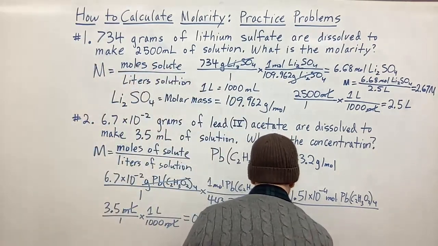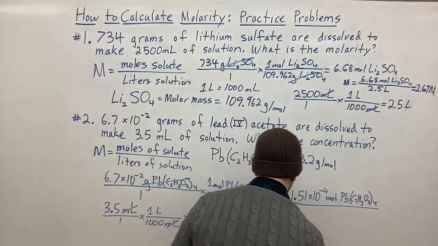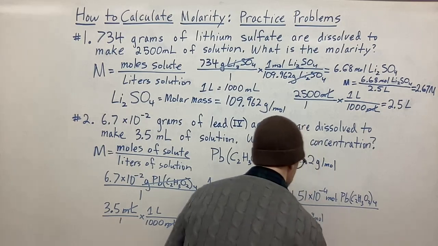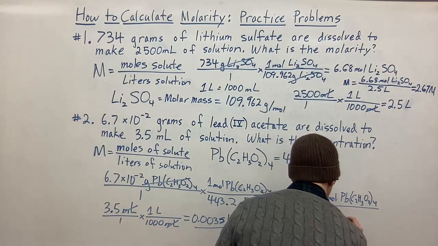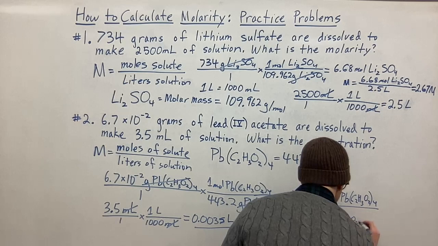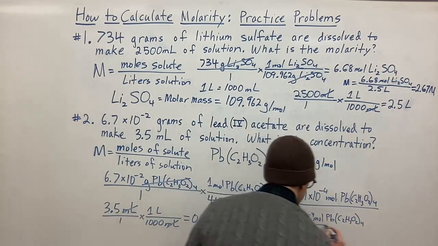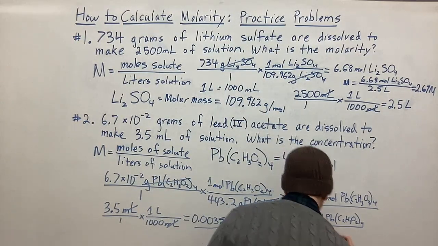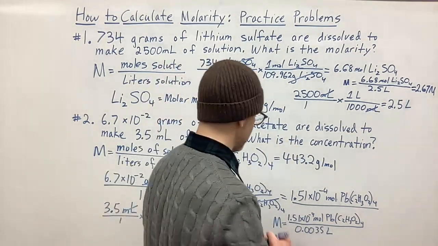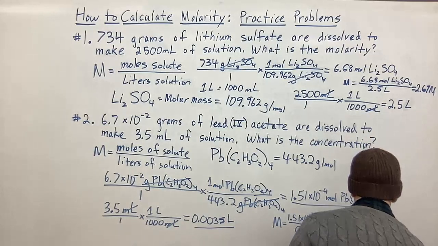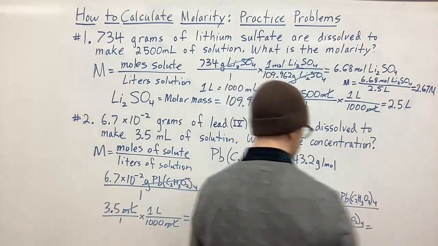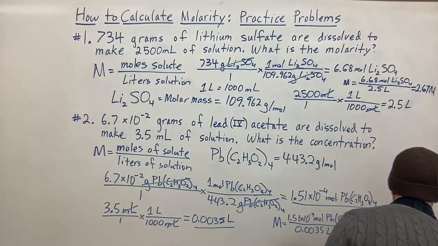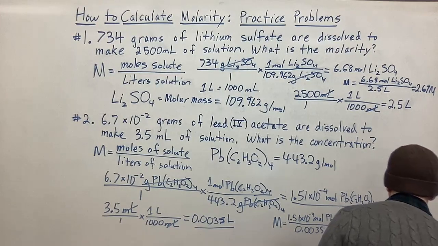So molarity is going to be equal to the moles, 1.51 times 10 to the -4 moles of Pb(C2H3O2)4, my lead 4 acetate, divided by 0.0035 liters of the solution, and I get a molarity of 0.0432 molar.